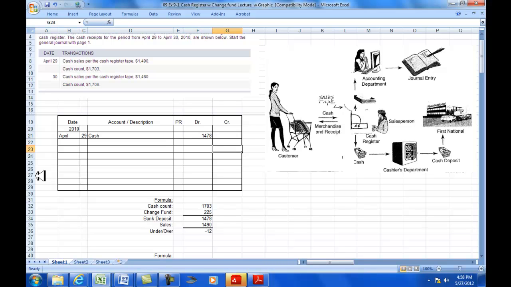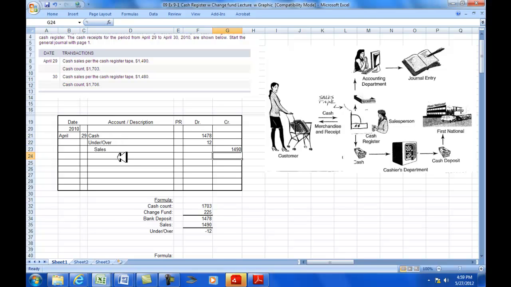Now we are short, so we have an account called the over-under account, or under-over account, and that is a debit of 12 because we're short. Anything that's an expense is going to be a debit, and if we're short funds, that's like an expense. And then I've got a credit to sales from the sales tape, 1490.